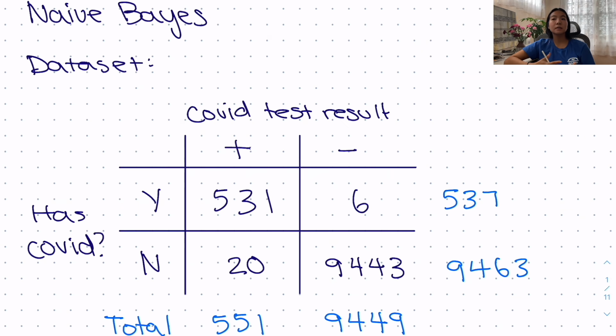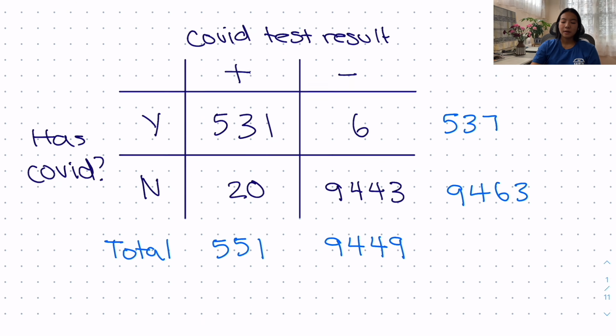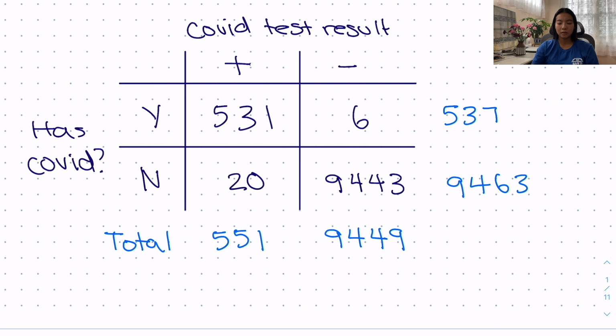Okay, the next type of model that we're going to talk about is something known as naive Bayes. Now, in order to understand the concepts behind naive Bayes, we have to be able to understand conditional probability and Bayes' rule. So let's say I have some sort of data set that's shown in this table right here.